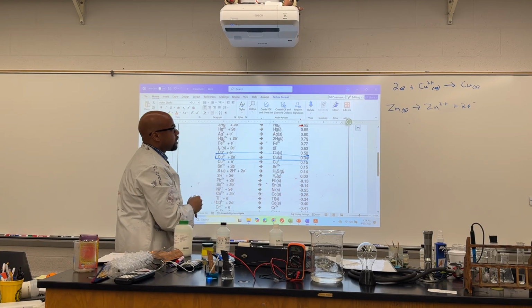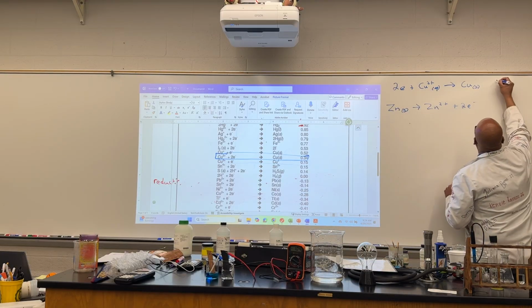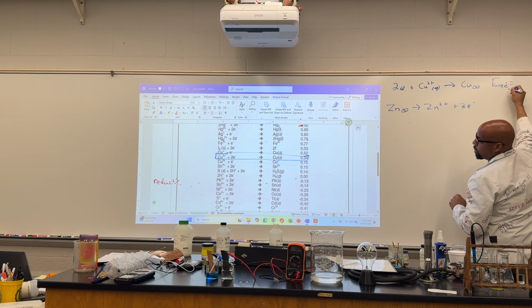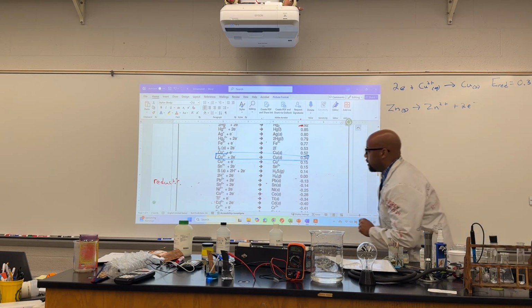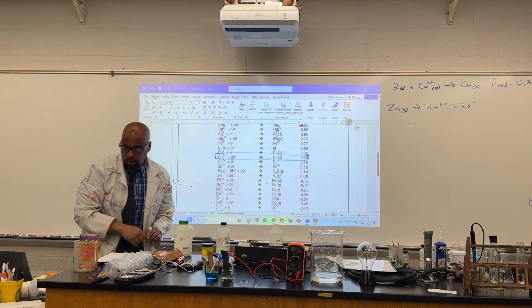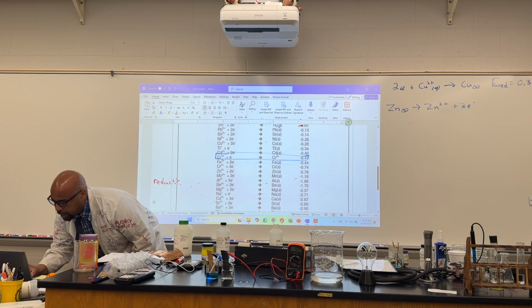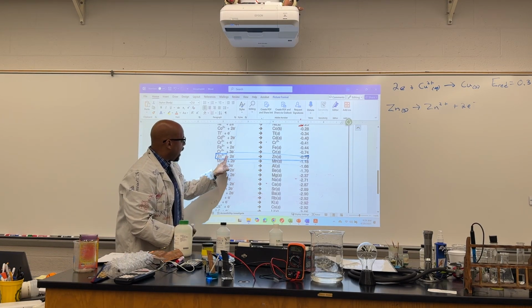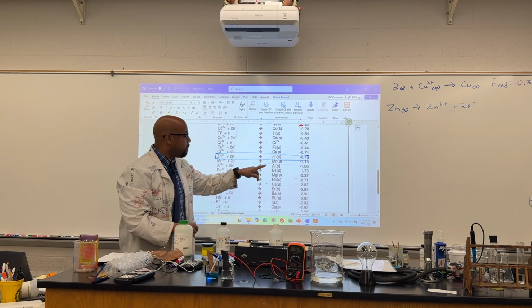All right, and if I look at the one I have up there, perfect. So I can go in here and say, E of reduction is equal to 0.34 volts in this case. Then I have to find my zinc. Zinc, zinc, zinc. There we go. When I find my zinc, this is actually shown as being reduction. I need it as being oxidation. I have to flip this thing around.